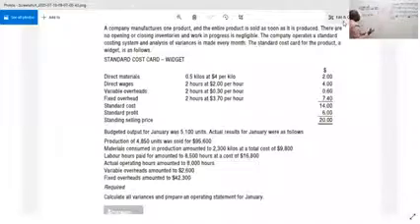Then of course for variances, I know I'll be subtracting this from the actual. The actual variable overheads are given in the actual statement, amounting to 2,600.